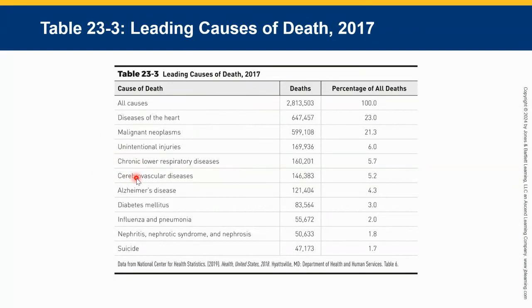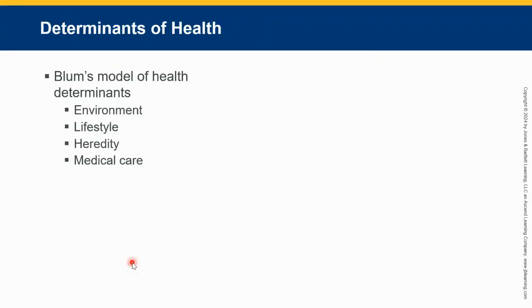Those are important to know. And it progresses on to the next being Alzheimer's disease, a chronic disease, diabetes mellitus, a chronic disease, influenza and pneumonia is next, but that's not a chronic disease. And then nephrotic syndrome, nephrosis, nephritis, and suicide being the last, but it made the list of the top leading causes of death in America.